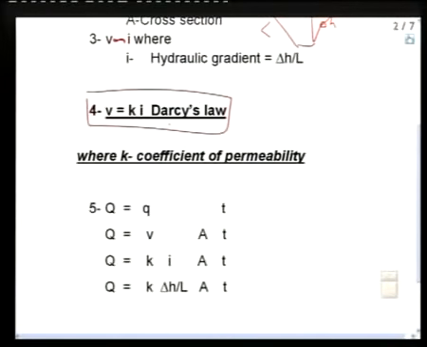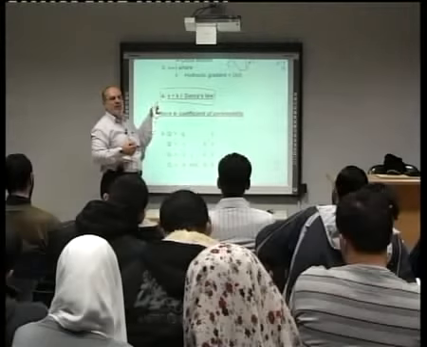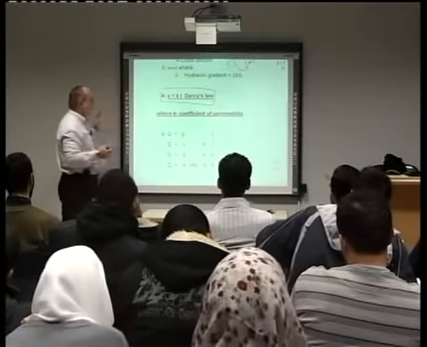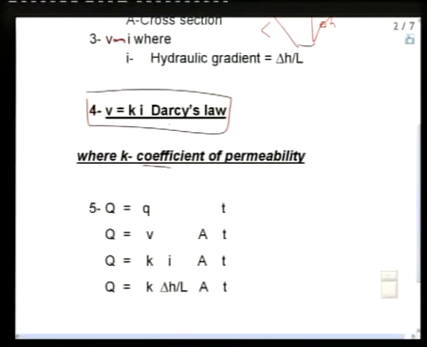So he translated this V proportional to i into an equation: V equals K multiplied by i. V is velocity. i is hydraulic gradient. So what is K? K is a constant, called the coefficient of permeability. Coefficient of permeability.